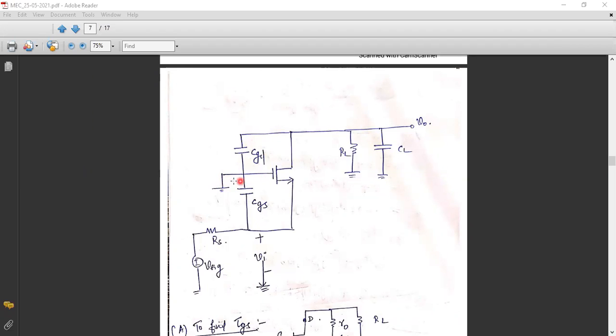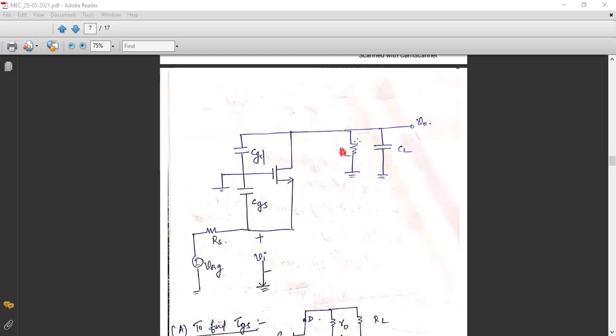Since gate is grounded, you can consider between drain and ground. What is the resistance that you have obtained? RL, sir. RL, very good. RL is the resistance that you got after looking through this terminal CGD.